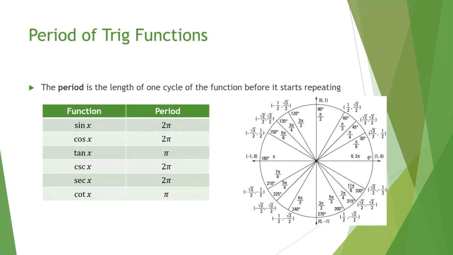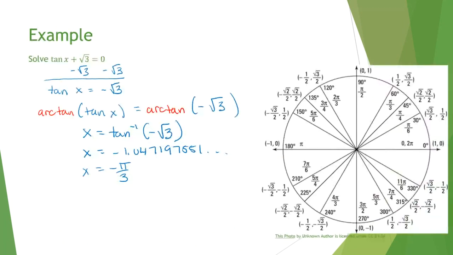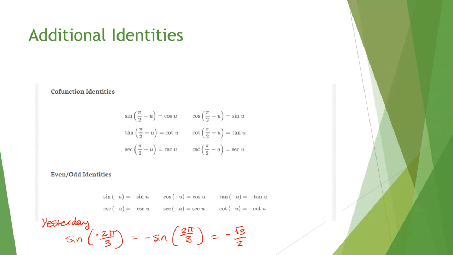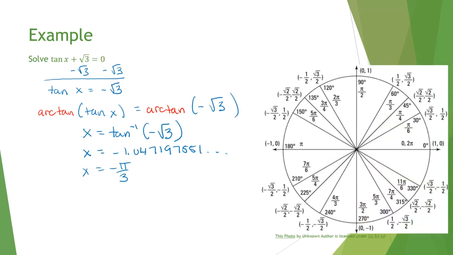So this means basically that, oops, I'm on the wrong slide. That the tangent of negative pi over 3 is the same as the, oh, I just forgot. What did I say it was? The negative tangent of pi over 3.